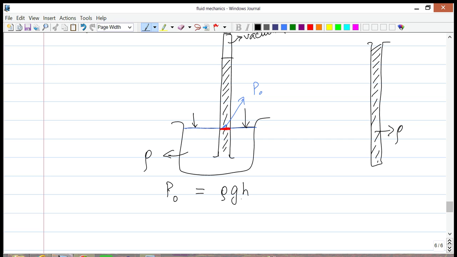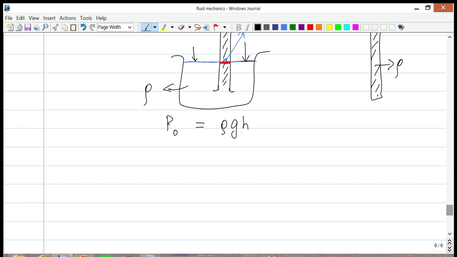If we were to use water, for instance, the height of liquid required is going to be about 10 meters or so, because that is the amount of water required to experience a pressure of 1 atmosphere. On the other hand, the liquid typically used in barometers is mercury.